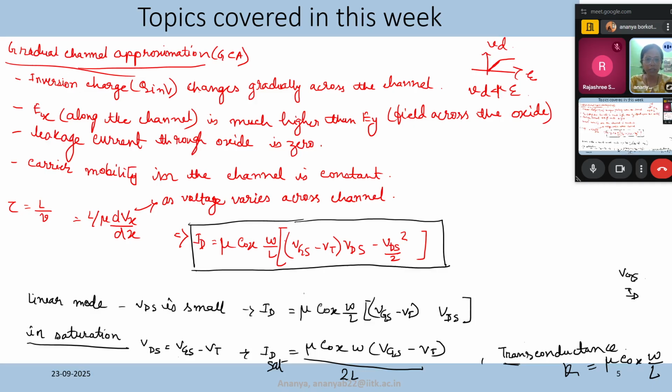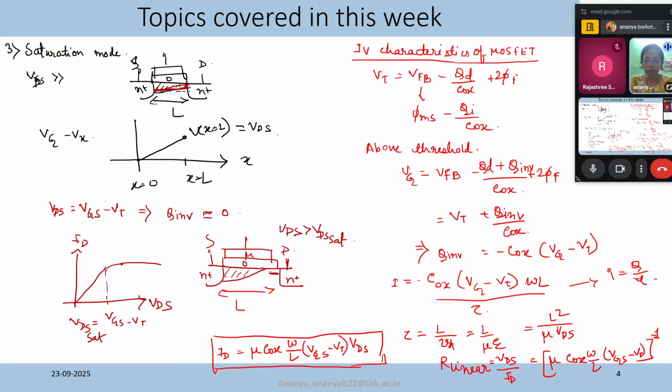Now, very briefly, I'll just say this. We have mentioned that after pinch off we have a constant current, because there will be this electric field, but actually that current changes because our overall density, Q inversion, is changing.